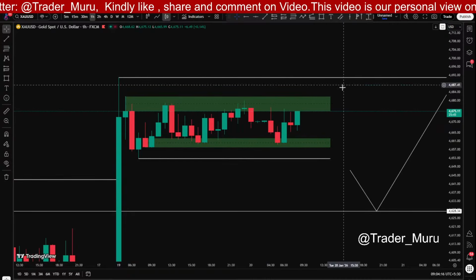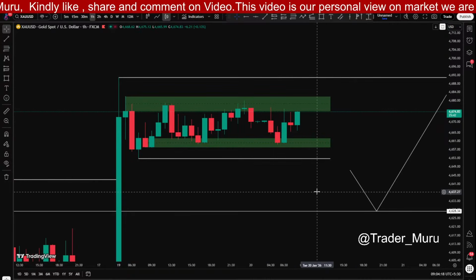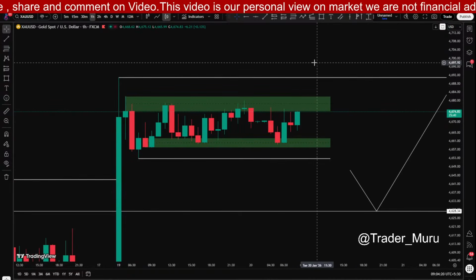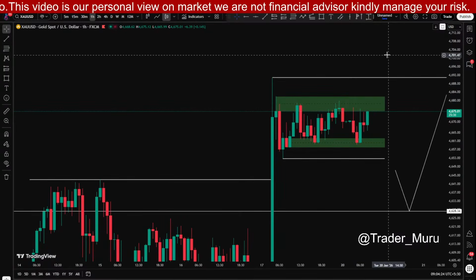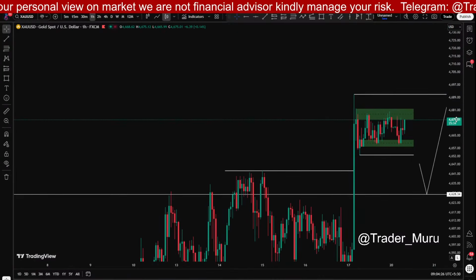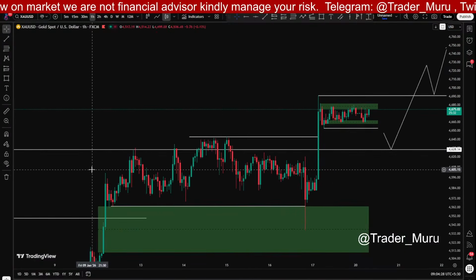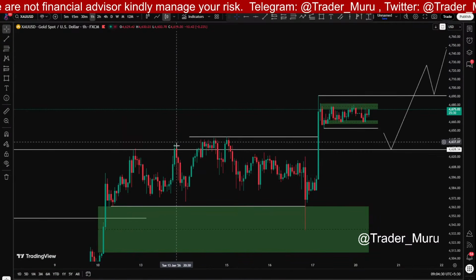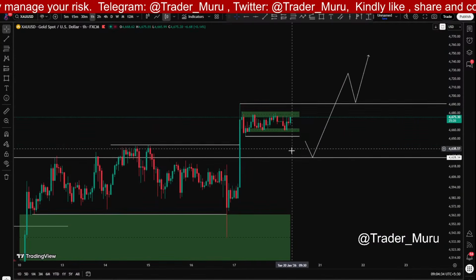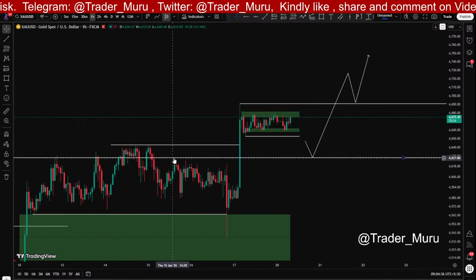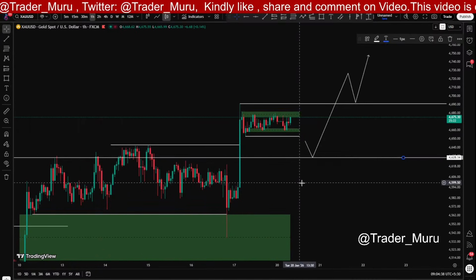Even if price drops to this zone, it will be a buy opportunity, and if price goes upside here, creates a breakout structure and then again rejects like this one. It created a breakout structure and again consolidated, then dropped. The same thing can happen here, but we will be waiting for this area here. It is good for buying purposes.